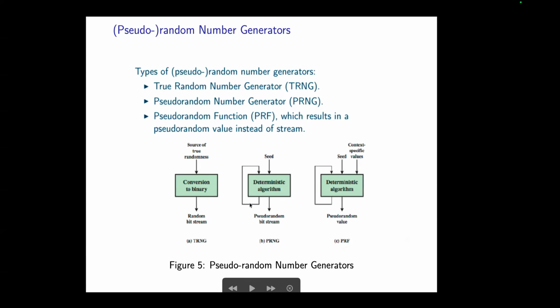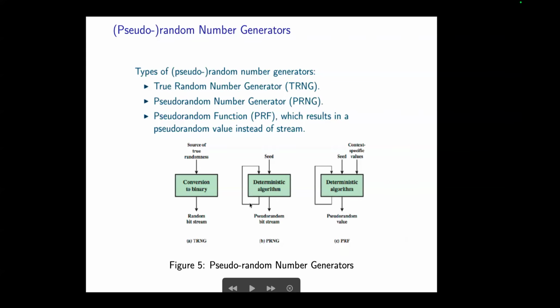If I have a seed and I have a deterministic algorithm, then I have a pseudo-random bit string. And if I have an additional parameter, additional context, I have something like this, but with an additional thing that kind of wraps around, and then I have a pseudo-random value. So we have three different things. One is the perfect one: some source of true randomness, which is just encoded into a random bit stream.